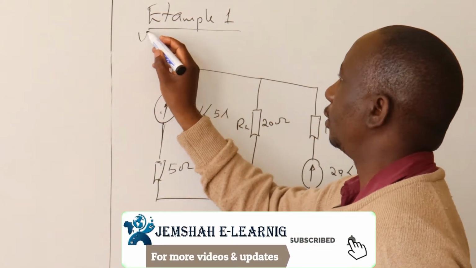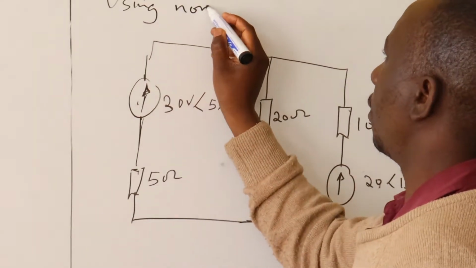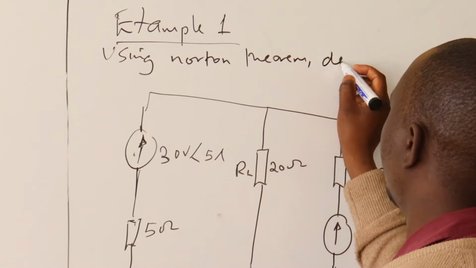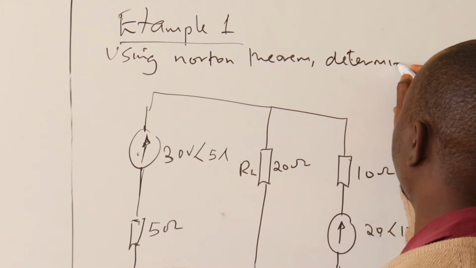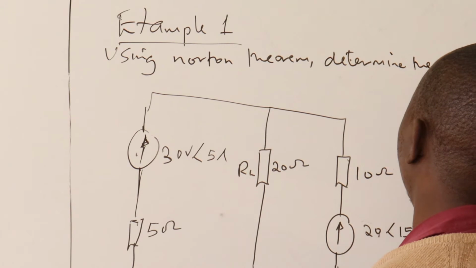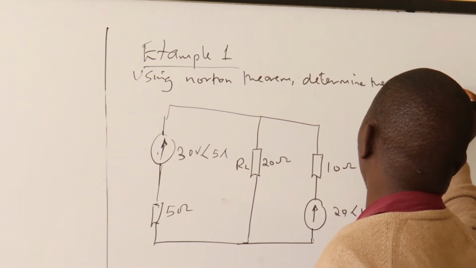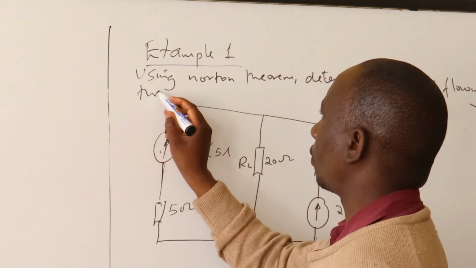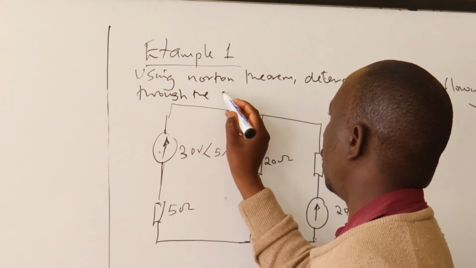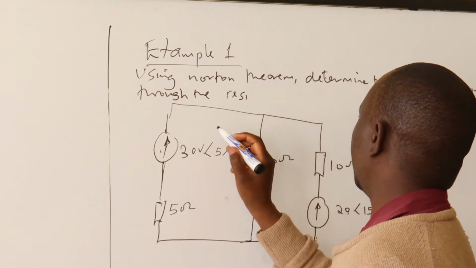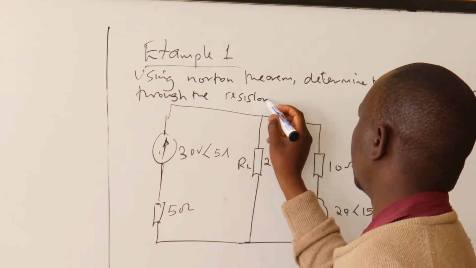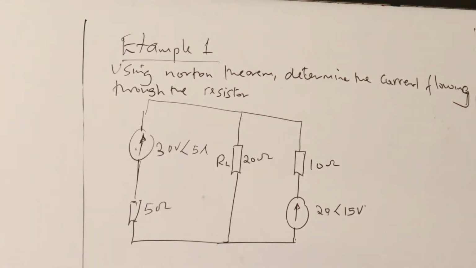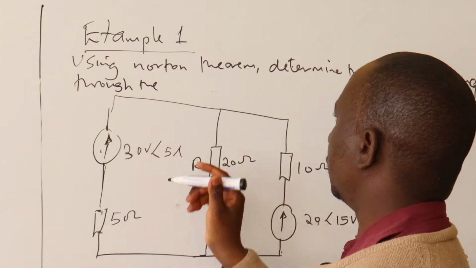So example 1 is using Norton's theorem. Determine the current flowing through the load resistor, 20 ohms.